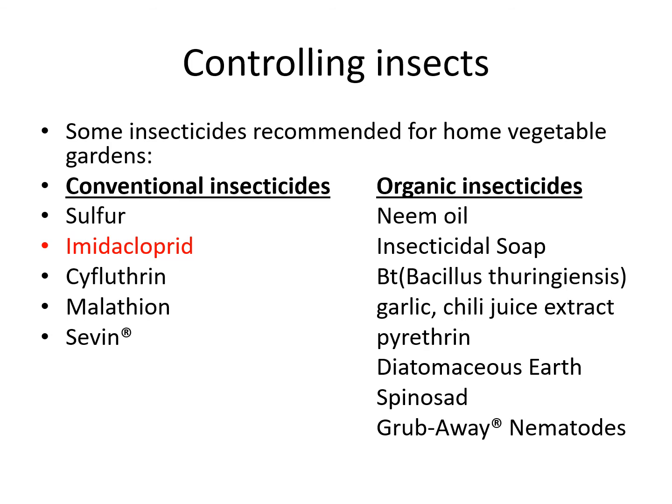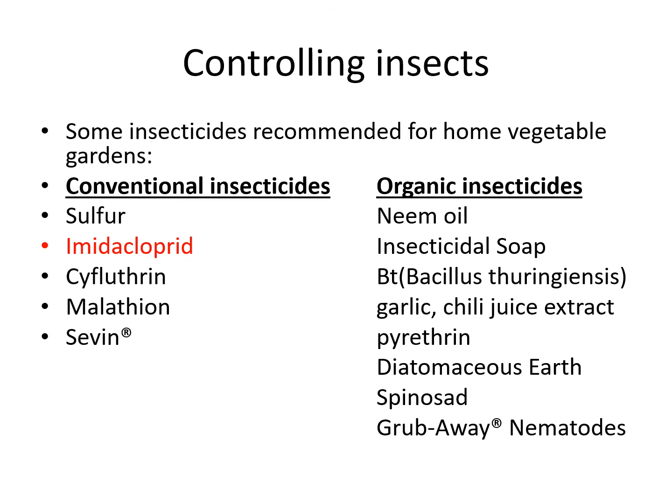So some of the organic insecticides, one that I really like a lot is called neem oil. Gosh, neem oil can be used for so many things. Disease, insects, mites. It can even be used as dormant oil in fruit trees during the wintertime. Another one is an insecticidal soap. That works pretty well.